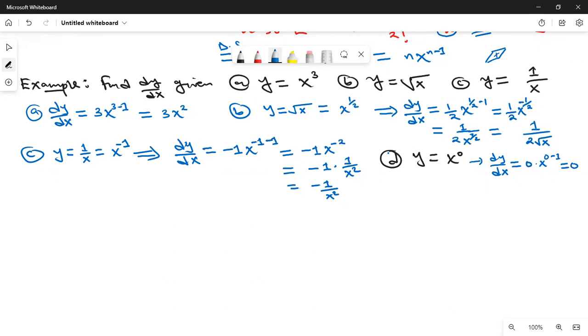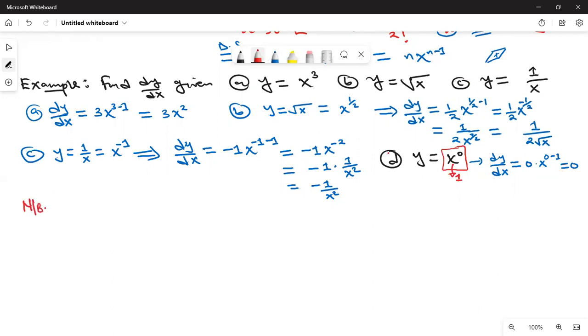So x raised to 0 is 1. Take note of that. And you see 1 is a constant. So it means when you differentiate a constant, the result should be equal to 0. Because x raised to 0 is 1, which is a constant, and when we are differentiating it, we are getting 0. So that's a point you need to take note of.